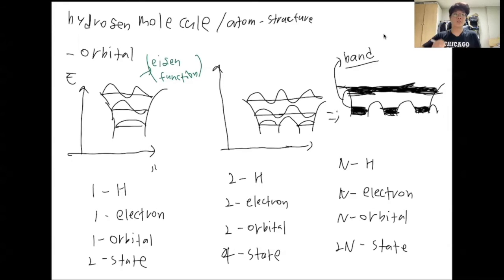And if there are two hydrogens, there will be two electrons, two orbitals, and four states. Furthermore, if there are a lot of hydrogens in covalent bonds, with n hydrogens, there will be 2n states.